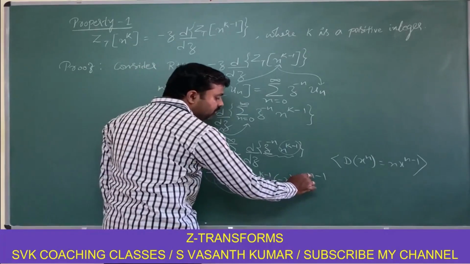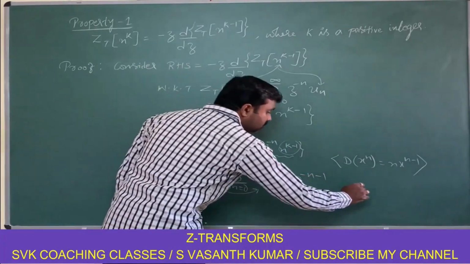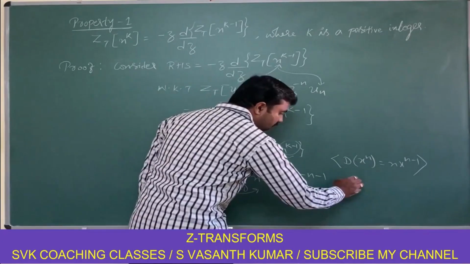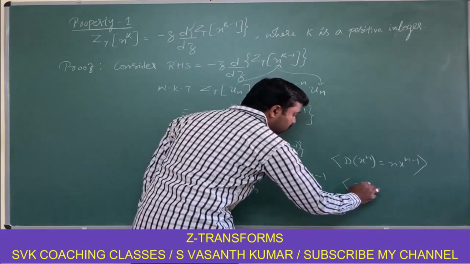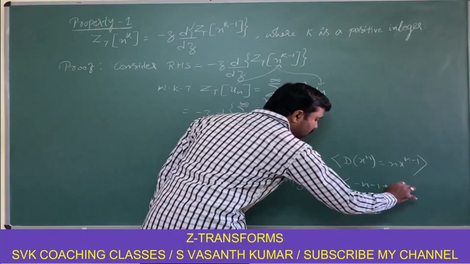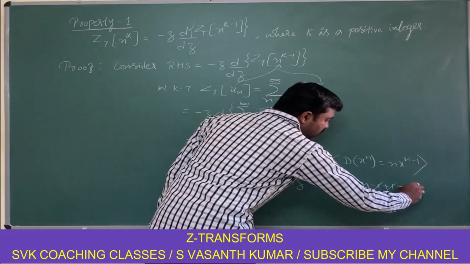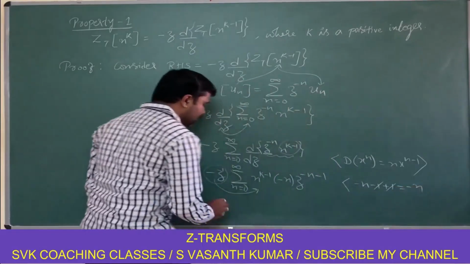Here we have z power minus n minus 1. The bases are same, so add the powers. By laws of indices we can write minus n minus 1 plus 1, in which 1 and minus 1 get cancelled. You are left with minus n.